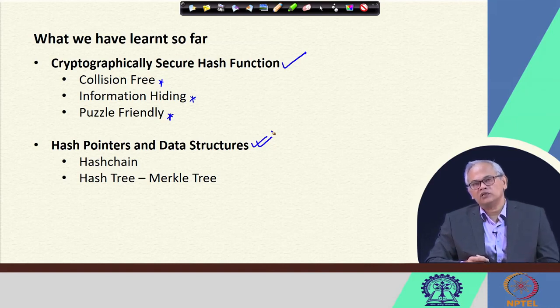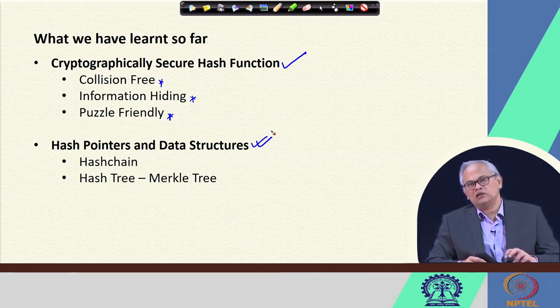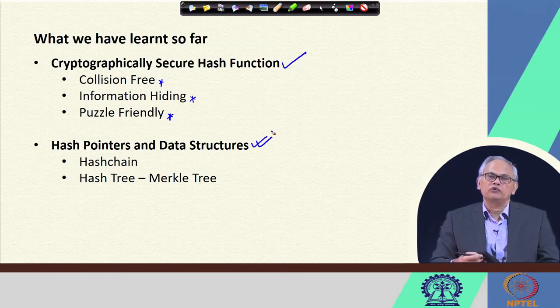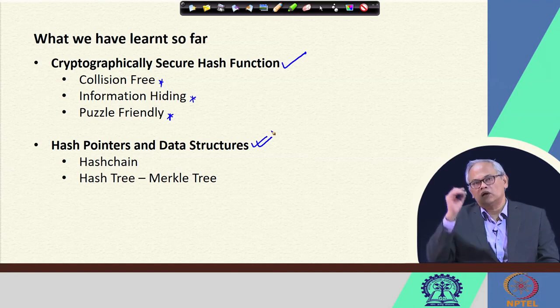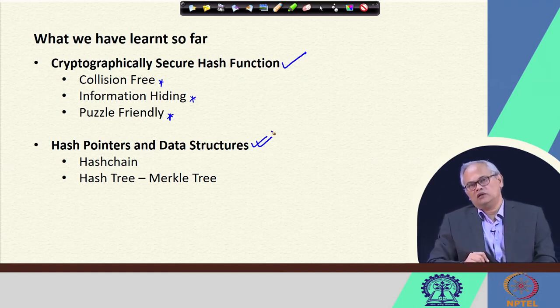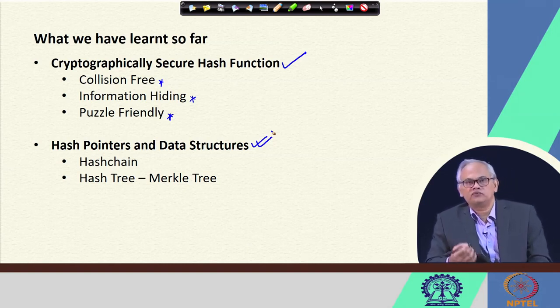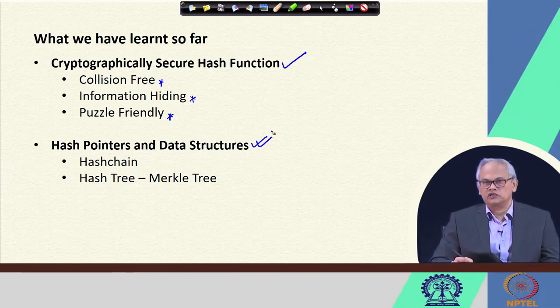And then you see that if any one of the data below are changed, including the transactional data or any one of the hashes in between, then we have to go all the way up to the Merkle root, which has the root hash, and all of such hashes will have to be recomputed. Each of these recomputations, if it is computationally expensive because of the restrictions like number of leading zeros, will become not so easy for an attacker to do computationally. So, that is what we have studied so far.